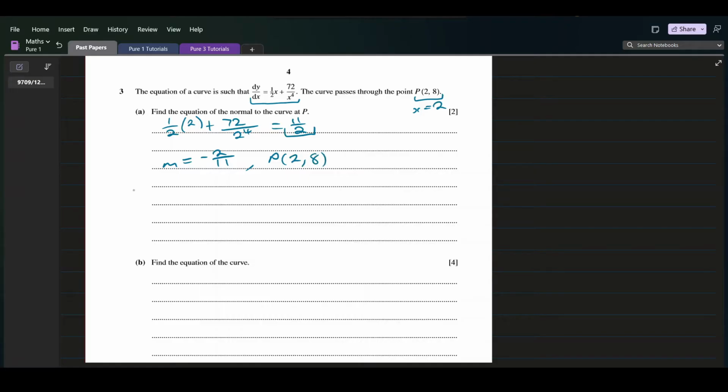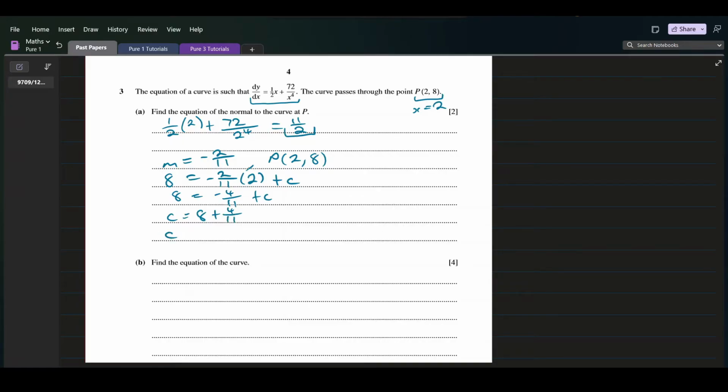So now we're going to use y equals mx plus c to find our equation. Our y value is 8, and our gradient is negative 2 over 11 multiplied by x, which is 2, plus c. So this becomes 8 is equal to negative 4 over 11 plus c. So c is equal to 8 plus 4 over 11.